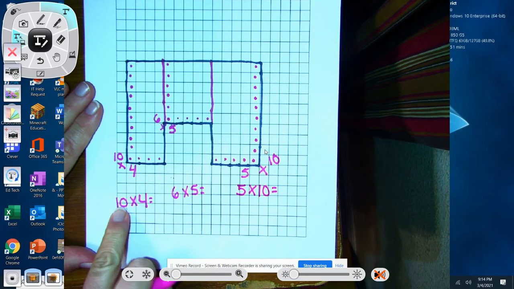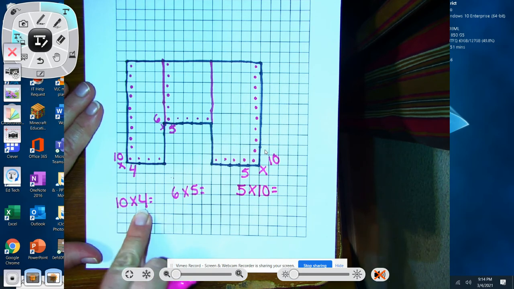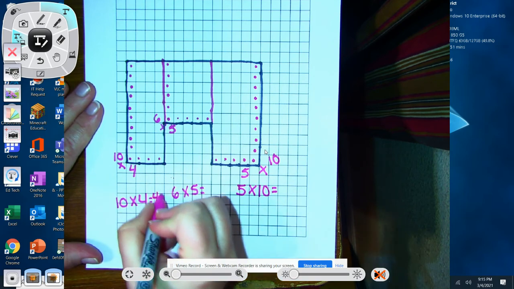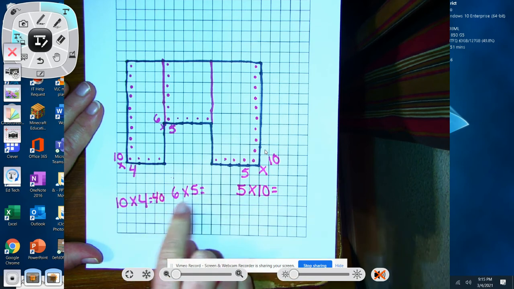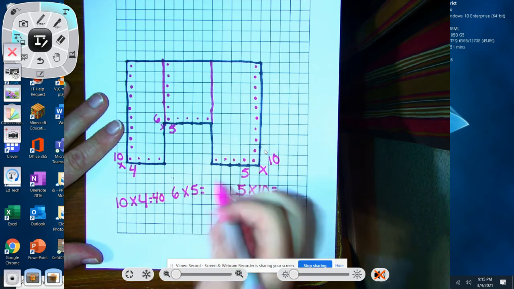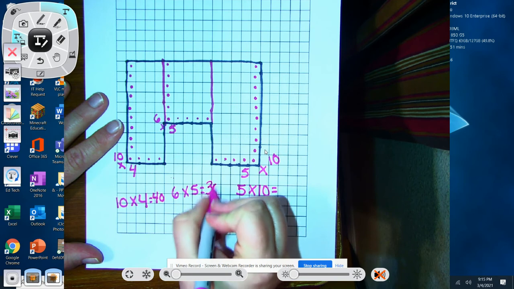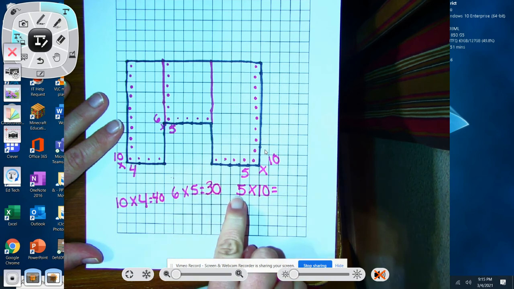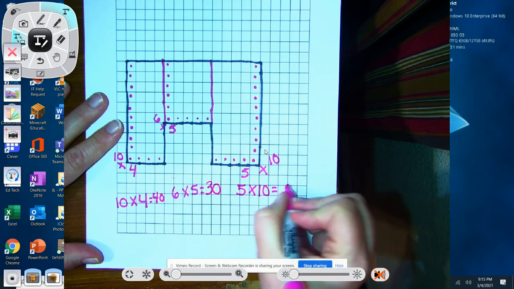So we have 10 times 4. We know 10 times 4 is 40. 6 times 5. We know 6 times 5 is 30. And I know 5 times 10 is 50.